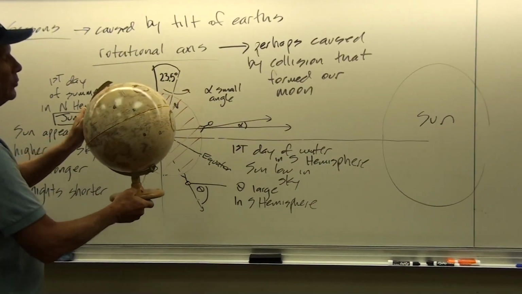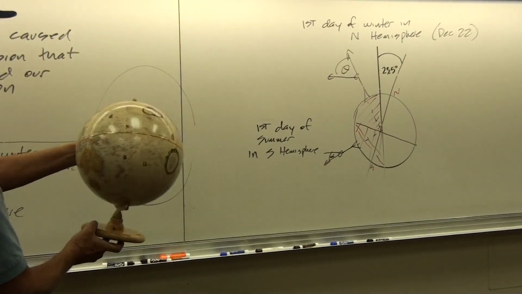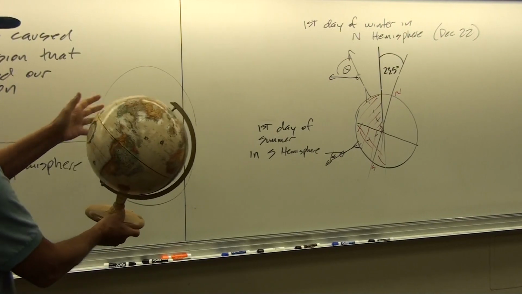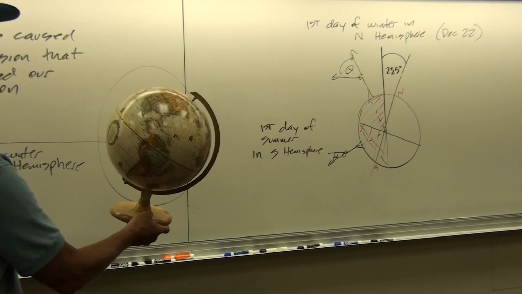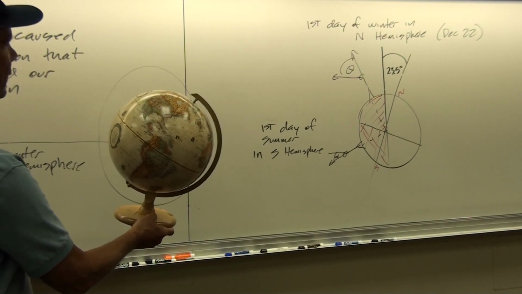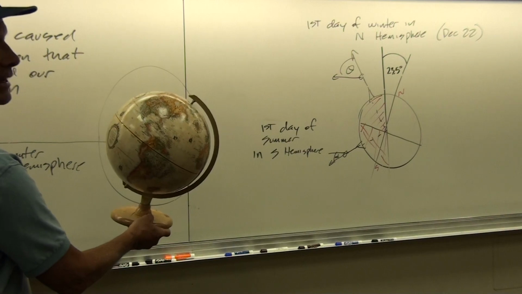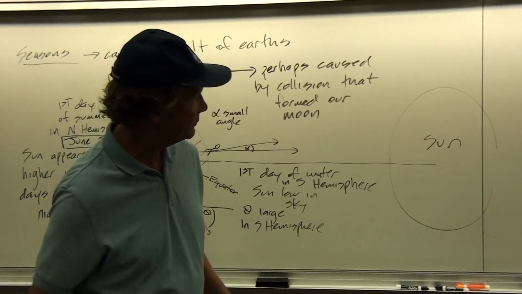So it would come out of the board like this in this picture. By the time that it gets to here, around September 22nd or so, we have the first day of fall in the northern hemisphere, the first day of spring in the southern hemisphere. So this is what we call the equinox.